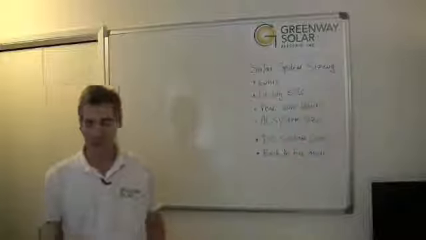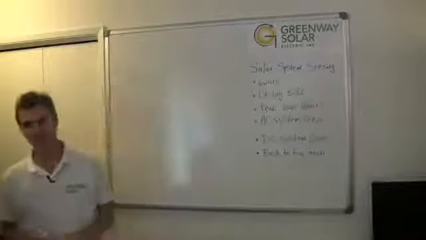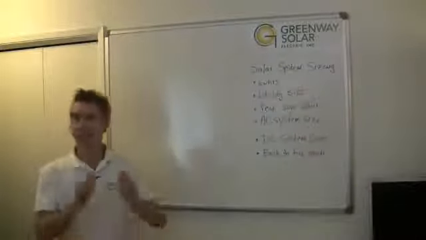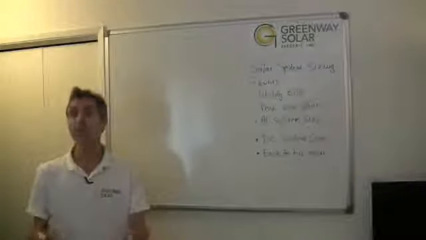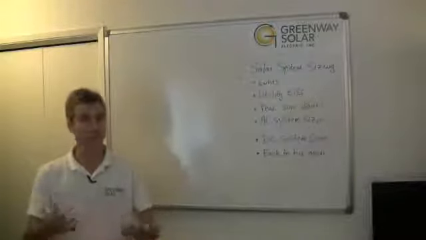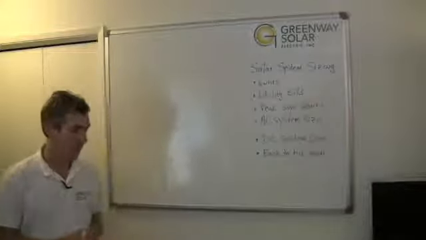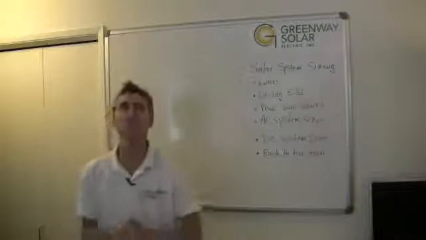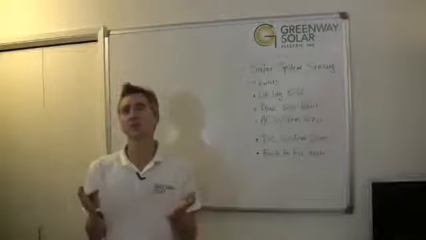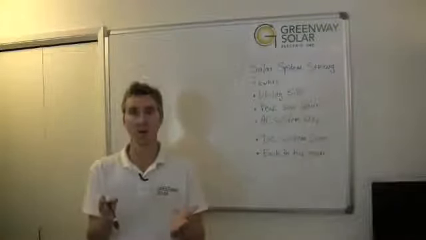Okay, now, the utility companies charge us for every kilowatt hour we use. All right? And it depends on what utility you have on how much they charge you. So, a typical Los Angeles DWP customer gets charged around 14 to 15 cents per kilowatt hour. All right?